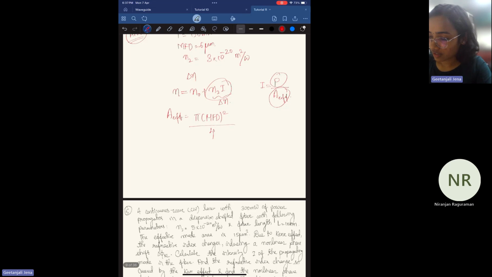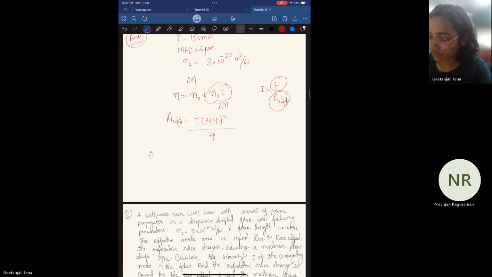So delta n is n2 into I, which is n2 P by A effective, equal to 4 into n2 into P divided by pi MFD squared.